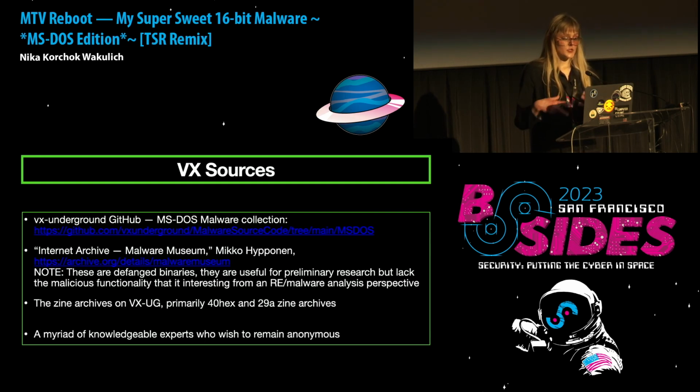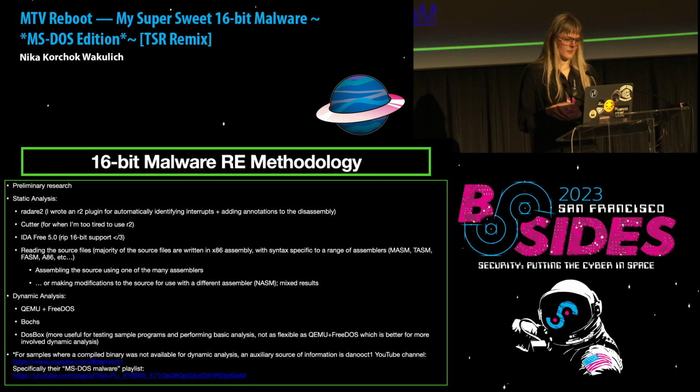So if you're interested in that and you want to look into those, it's good to augment those with the full virus. And then in addition, I also used the zine archives on VX Underground, mostly the 40Hex and the 29A zine archives, and then also a myriad of knowledgeable experts who wish to remain anonymous. So thank you to all of those sources.